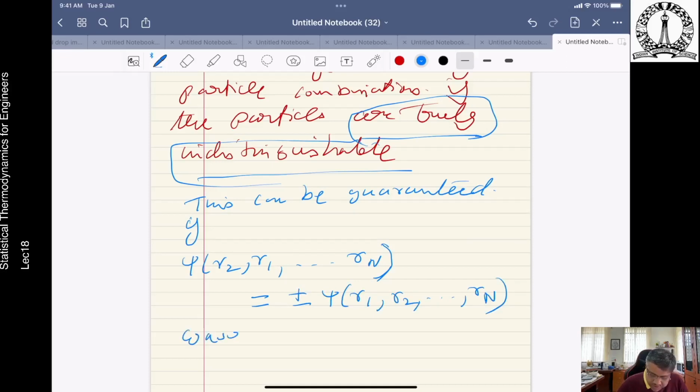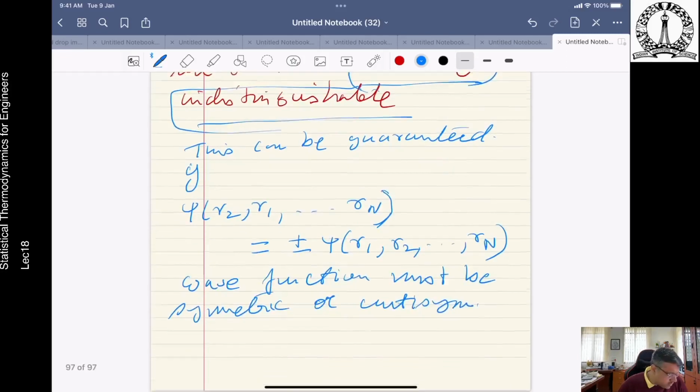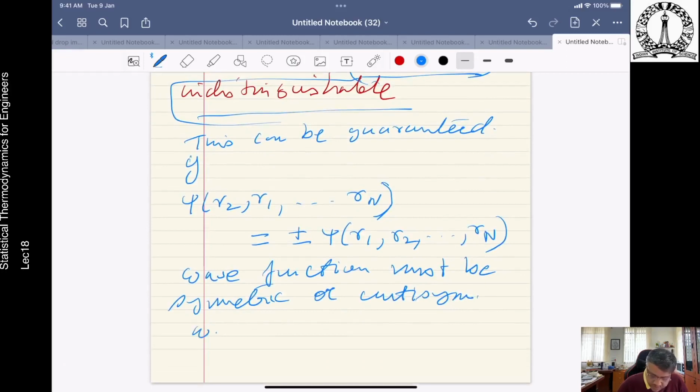So the wave function must be symmetric or anti-symmetric with respect to exchange of two particles.